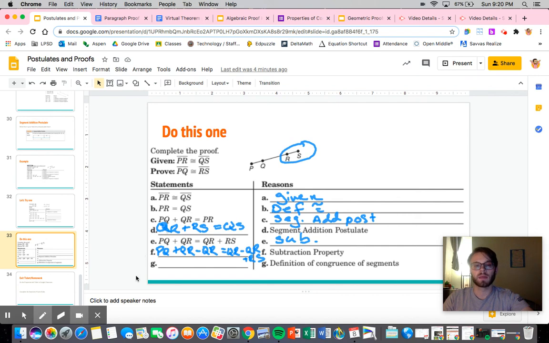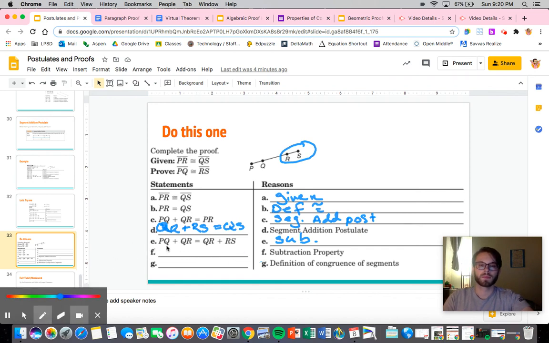Well, ultimately, I ran out of room, so we'll just shorthand that. We're just skipping a little bit. PQ is equal to RS. So we know that PQ is congruent to RS.